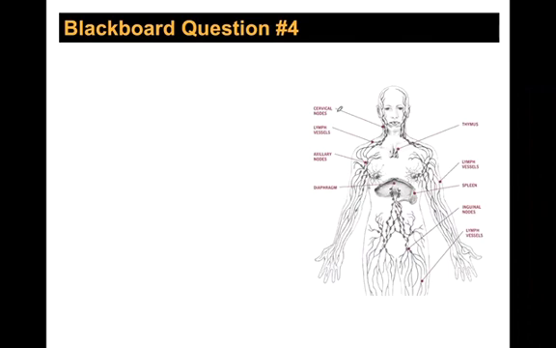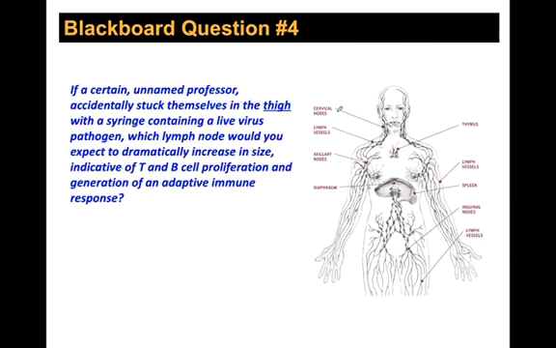So we're going to end with bonus question number 4. When I was a graduate student, I had accidentally got stuck in the thigh with a syringe containing a live virus that I was working with. So the question is, if I stuck myself in the thigh, which lymph node would you expect to dramatically increase in size, given the lymph nodes that I have outlined here?